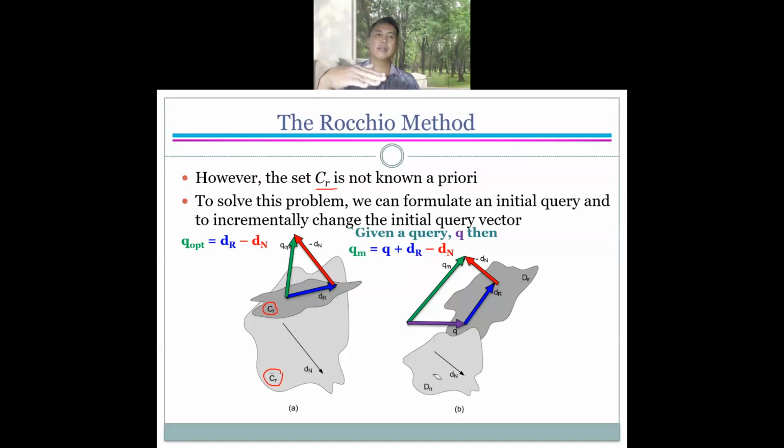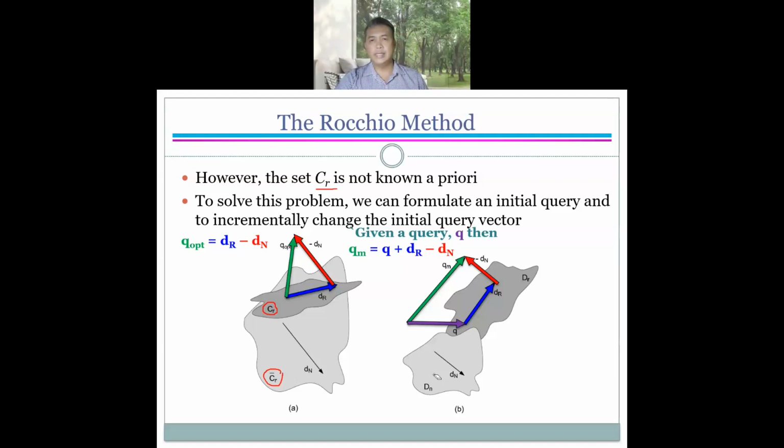They know this is the set of relevant documents, and they know this is the set of irrelevant documents. So they take the query and adjust the weightage of each term in the query by adding the weightage of the relevant documents and subtracting the weightage of all the non-relevant documents.